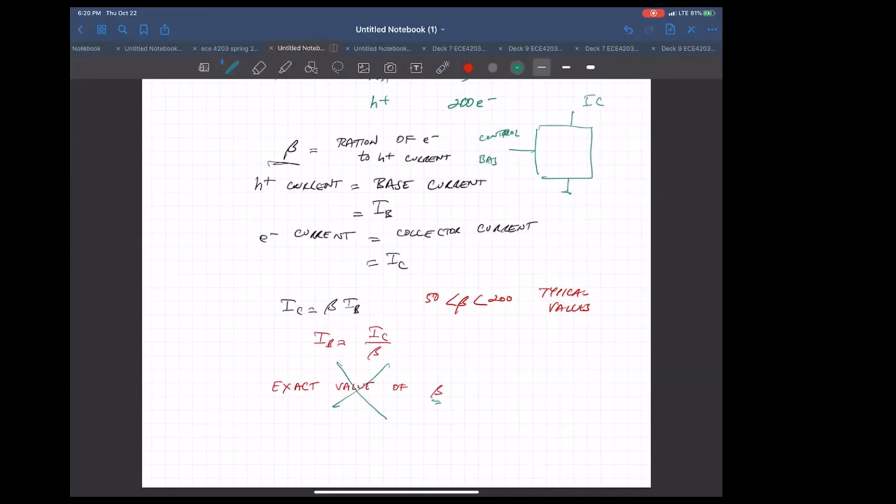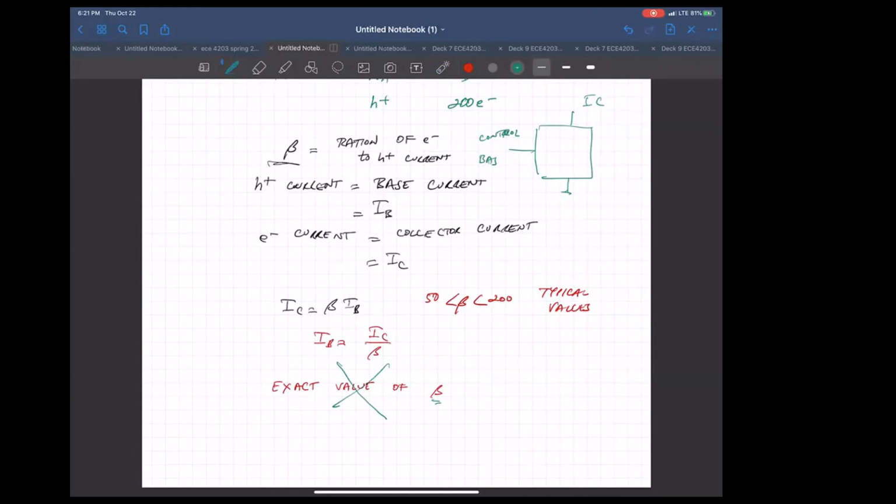The spec sheet will say 100, but if you're making a circuit that's relying on that being exactly 100, it's bad news. The manufacturer a lot of times will tell you the variations of the beta. But you should make a circuit that works when beta ranges from 90 to 110, that kind of thing.